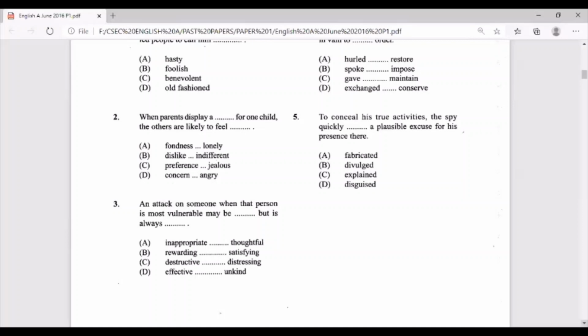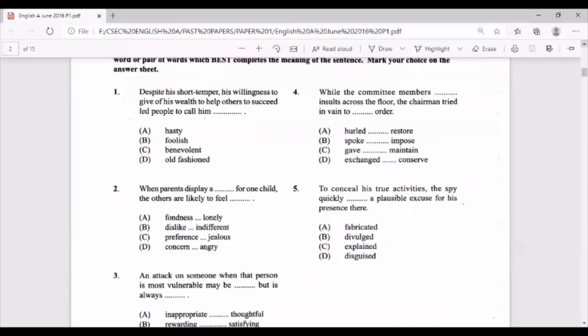So we're looking for 2 words that are contrasting. So our best answer would be, it's effective, but it's unkind, right? So to attack somebody when they are at their low point, it can work. It could be a very good attack, very effective, but it is always unkind. So our answer is D.